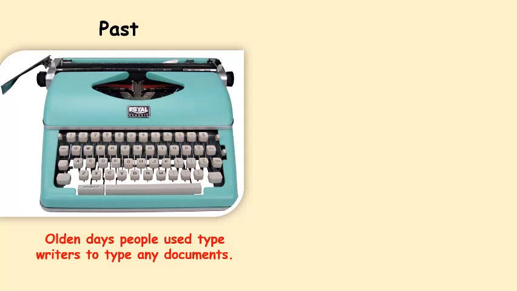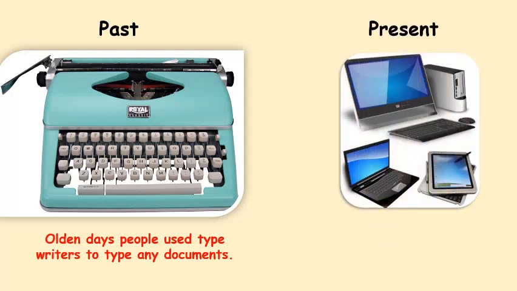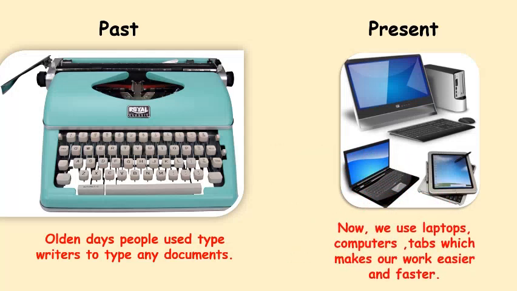They had no option to change anything using the same paper. But now, at the present time, we use laptops to make the document, and in the laptop, you can change whatever you want to change. If even minor mistakes happen, you can change them before taking the printout using the printer.